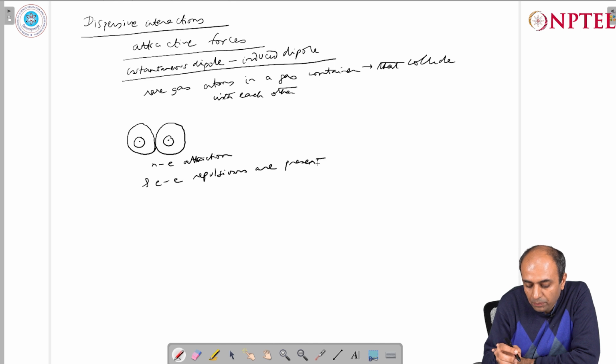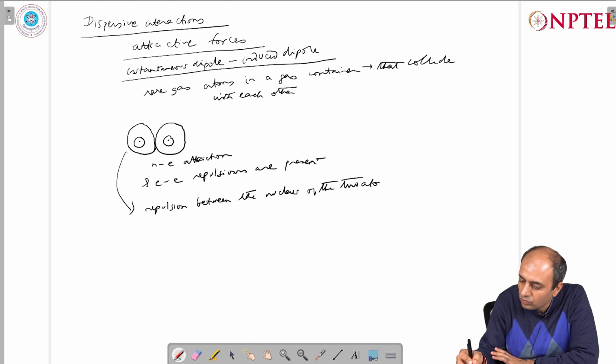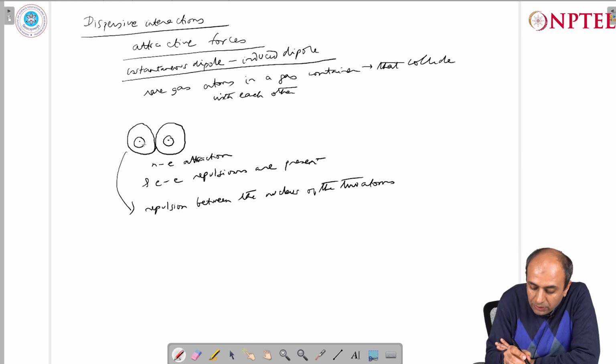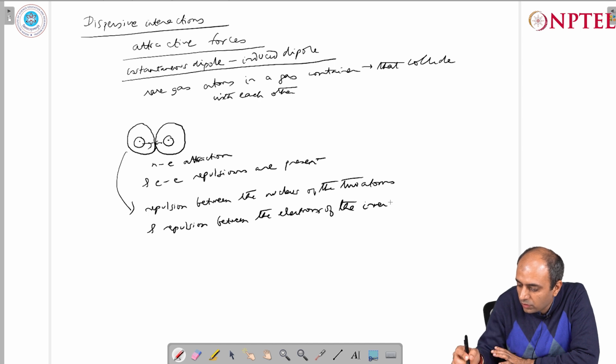Now, if the atoms try to come even closer, then there is repulsion between the nuclei of the two atoms, and there is also repulsion between the electrons of the inner core.